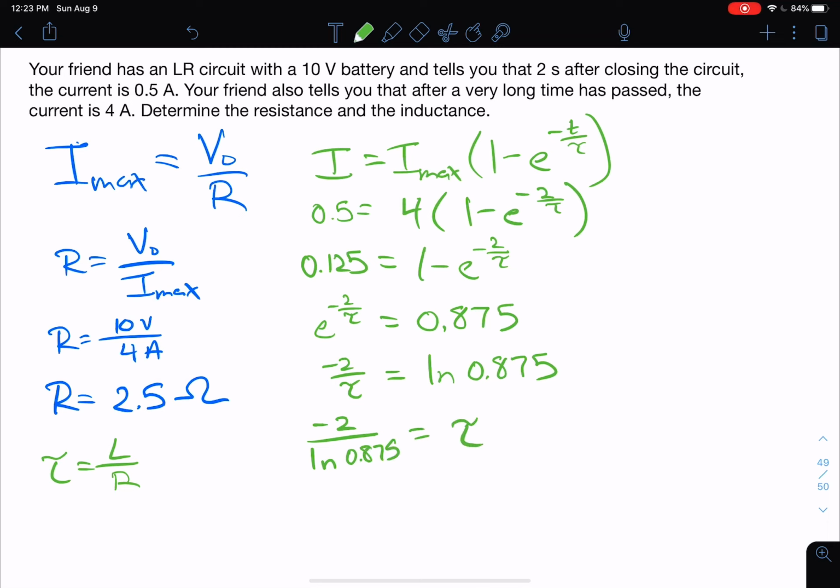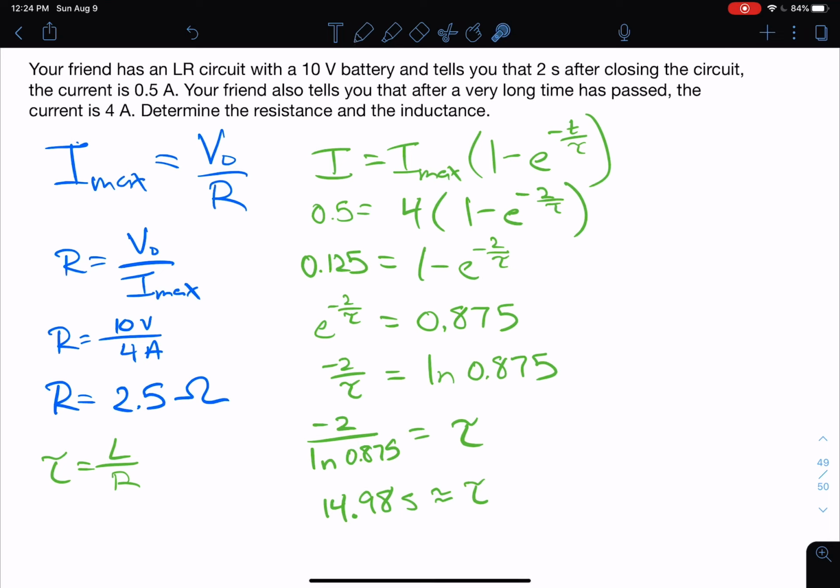That's going to equal tau. And so now I'll just use my calculator. And I get approximately 14.98 seconds is tau.